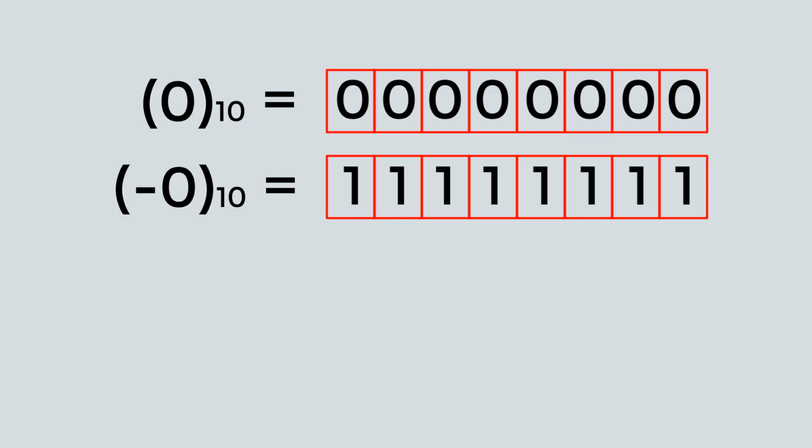So 1's complement has two representations for 0. A positive 0 and a negative 0. These patterns represent the same quantity, but they are stored differently. This makes comparisons and arithmetic more complicated.